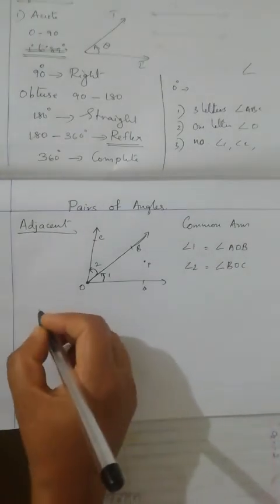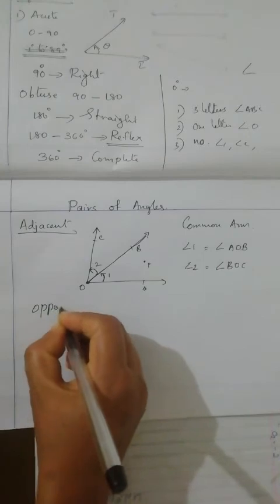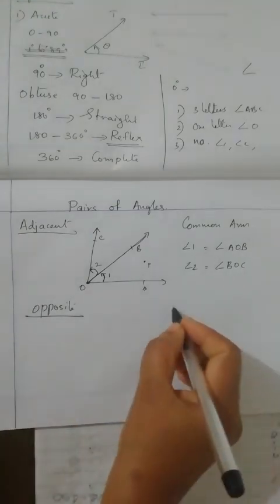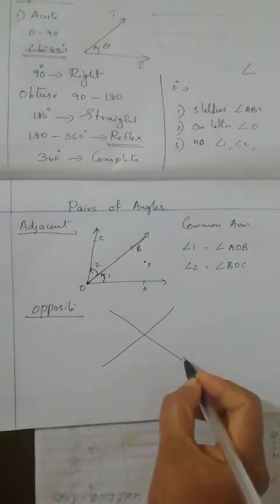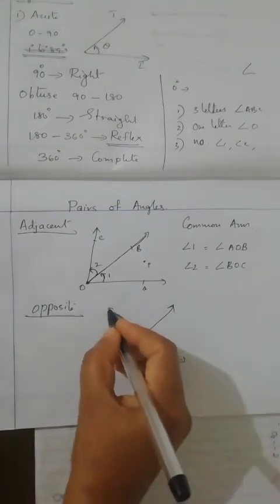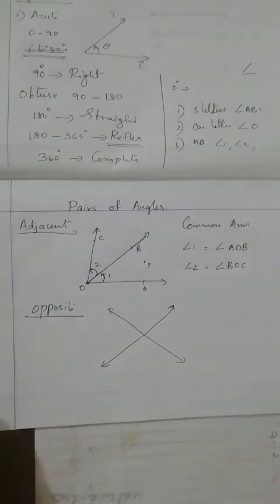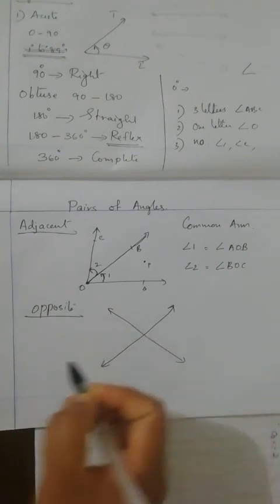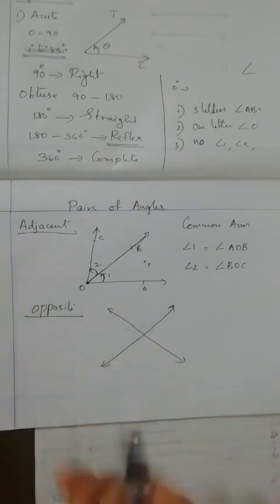Then what are opposite angles? When studying adjacent angles you should know about opposite angles. That is when two lines are intersecting. When two lines intersect, how many angles are made? You can see one angle here, here, here, here. Four angles.